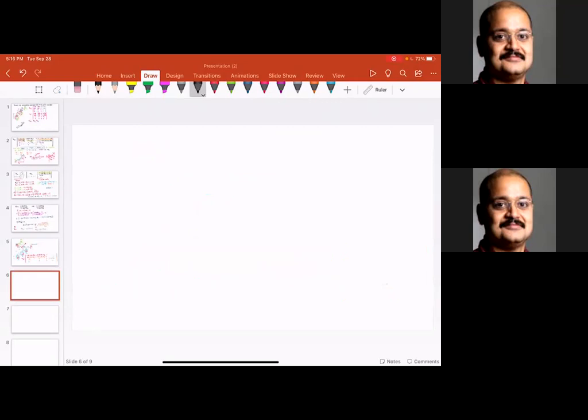The expression is gonna look like Px is equal to L1 cosine theta 1 plus L2 cosine of theta 1 plus theta 2 plus L3 cosine theta 1 plus theta 2 plus theta 3.